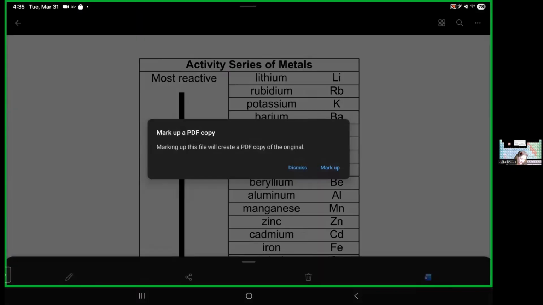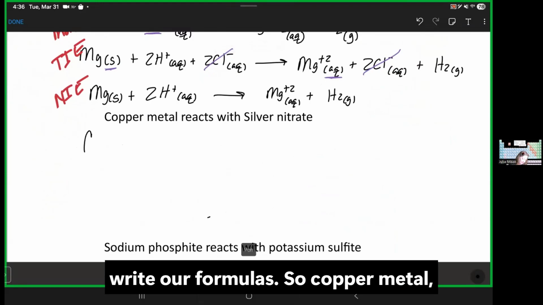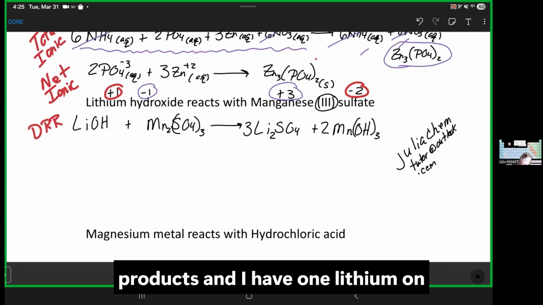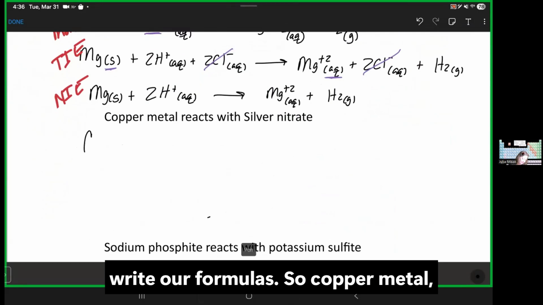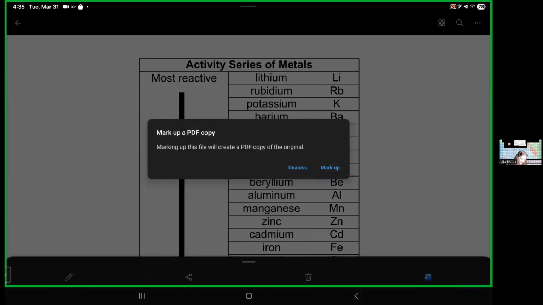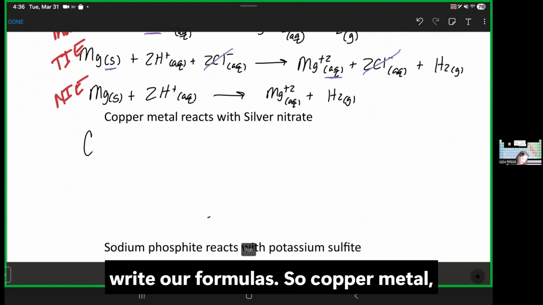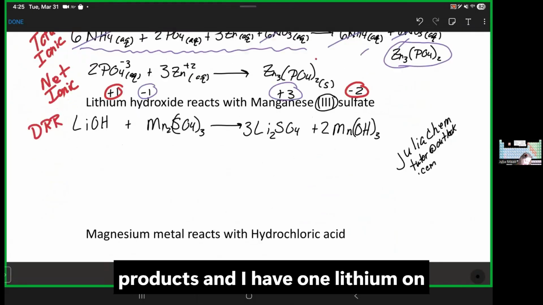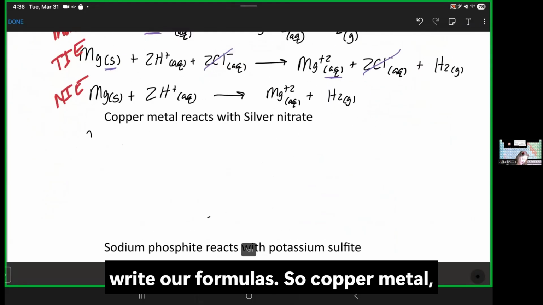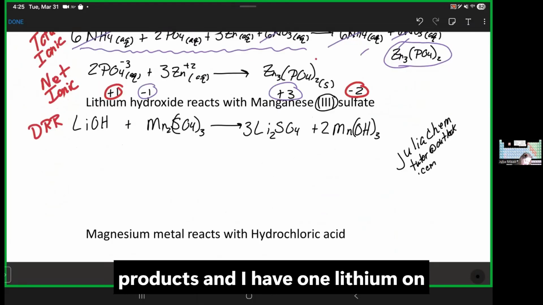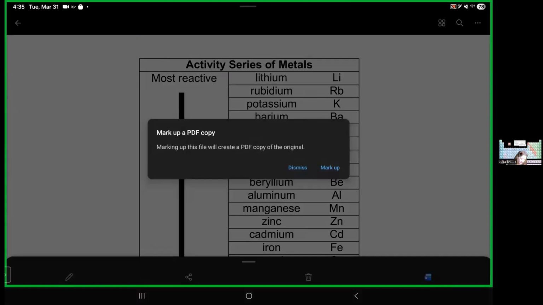Okay, so now my equation is balanced. I have my states in there. So I'm going to split all of my strong aqueous. The acid and the base, remember we have to go look at our table. I wrote my table up here to make it easy on ourselves. Our acid is the sulfuric acid, and you'll notice here it says only the first hydrogen. We don't take both of those hydrogens from sulfuric acid, only one of them.